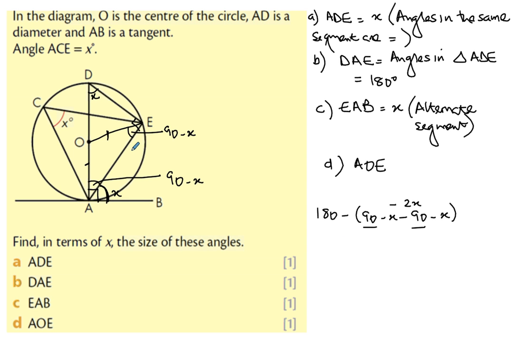Something didn't quite work out here. Let's just check it, because when I look at that, I can see angle at the center is twice the angle at the circumference. Keep looking at the question, you can actually see it.